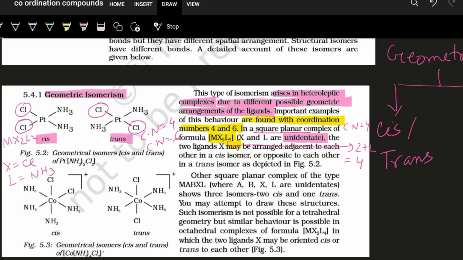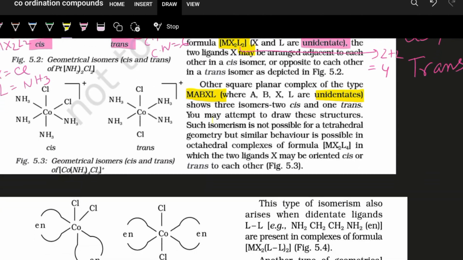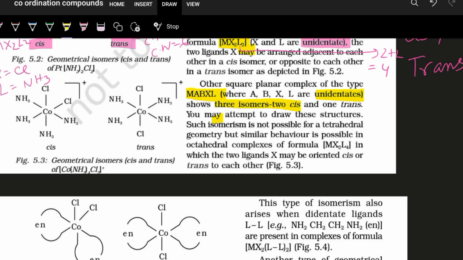Other square planar complexes: a metal attached with 4 different types of ligands, all unidentate. Here it shows 3 isomers, out of which 2 are cis and 1 is trans. Let us try to draw the cis and trans isomers.